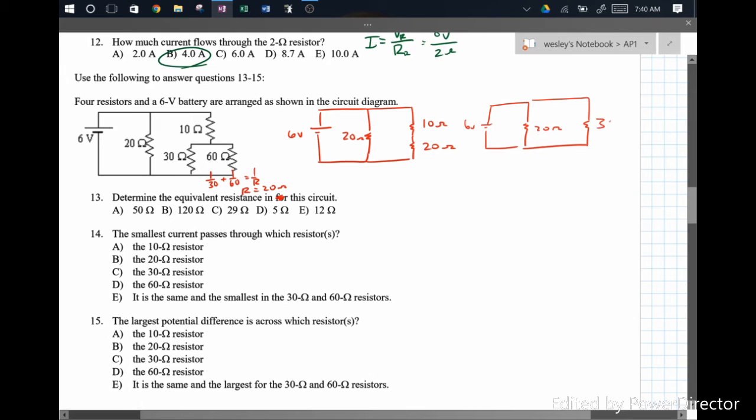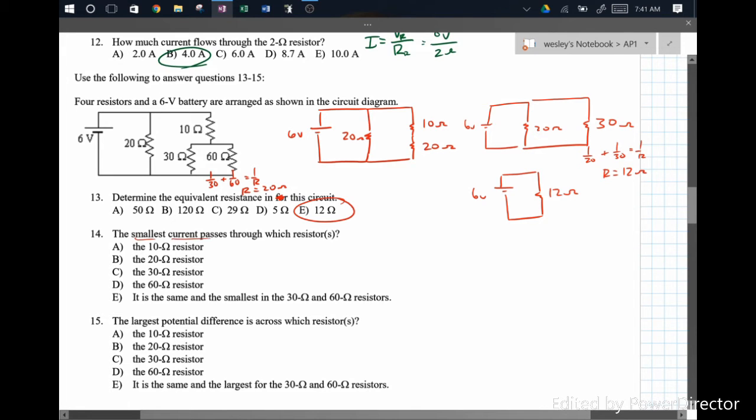We combine that branch and we get 30 ohms. We put it together in parallel, so 1 over 20 plus 1 over 30 is 1 over R. And that makes the total resistance 12 ohms. So we got 12 ohms here. So the equivalent resistance in this circuit is 12 ohms.